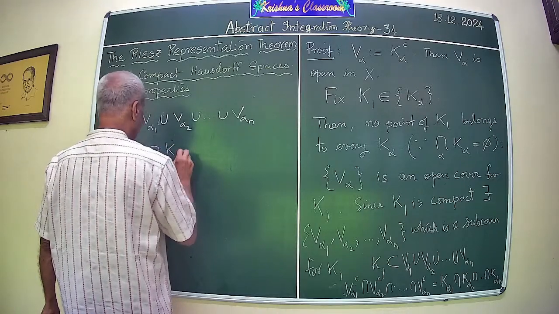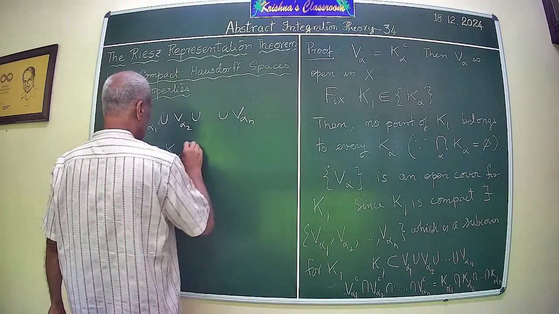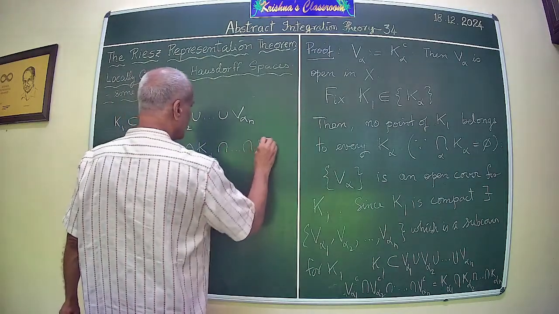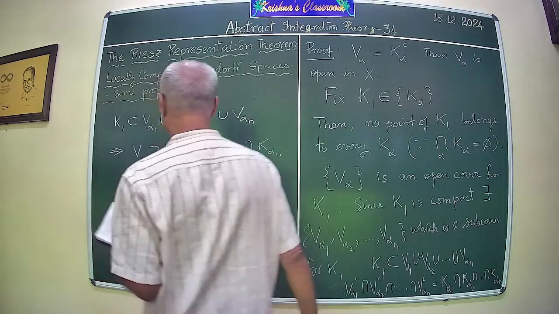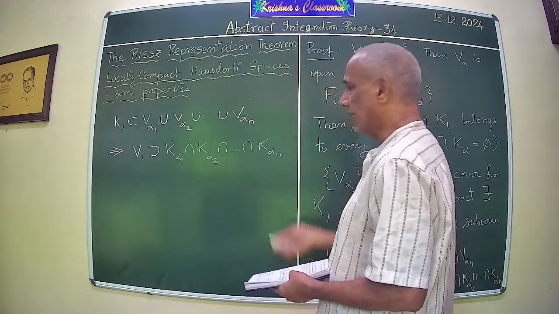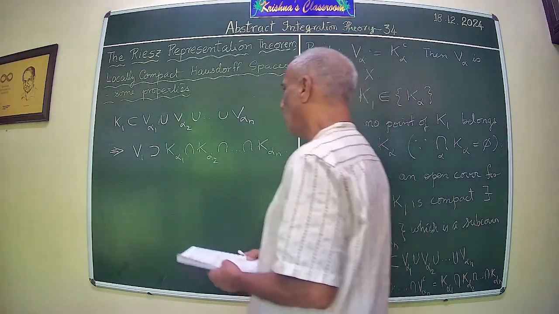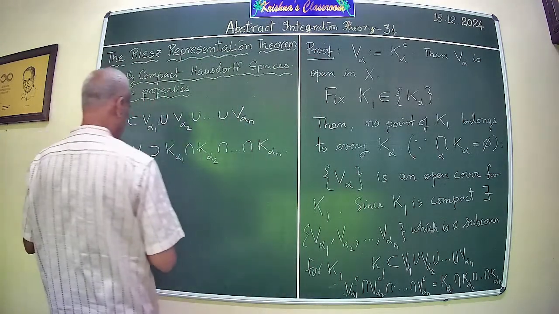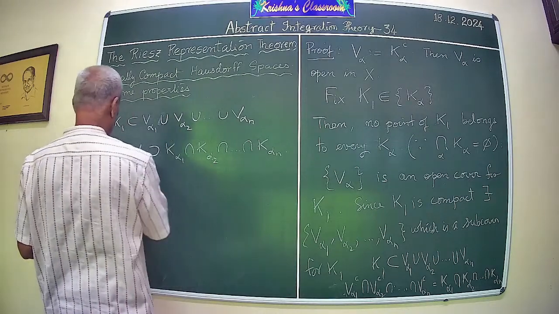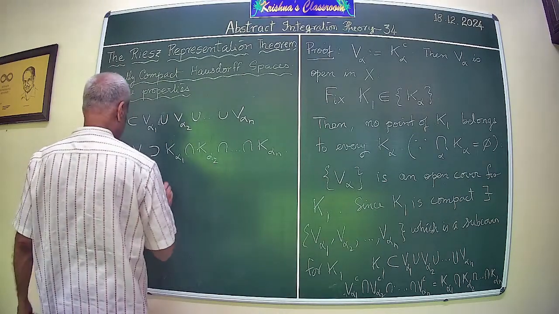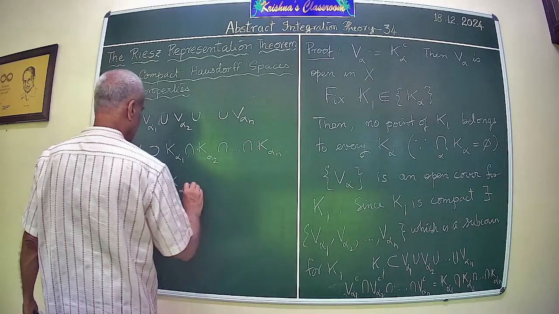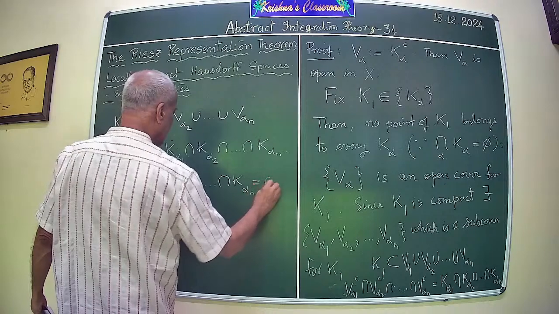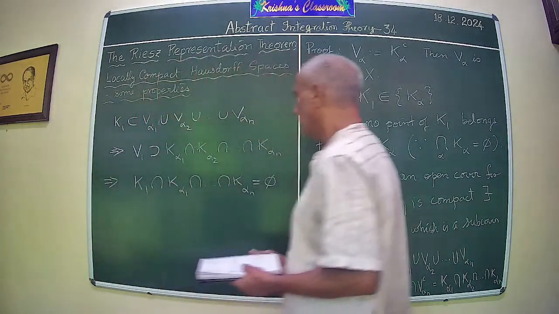What does this mean? This implies K1 intersection K alpha 1 intersection ... intersection K alpha n is empty.